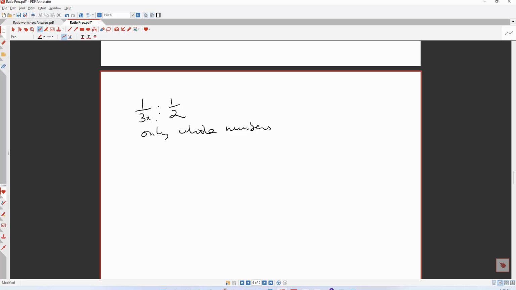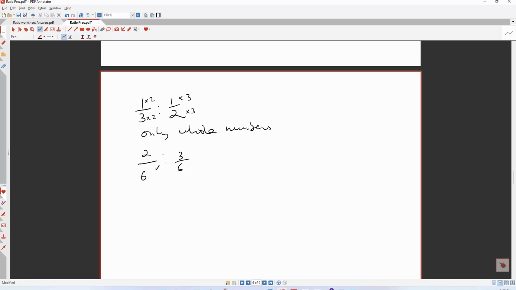So what I'm going to do is rewrite this as times 2, times 2, times 3, times 3. So let's rewrite this as 2 out of 6 to 3 out of 6. Right, so that basically is comparing 2/6 to 3/6.